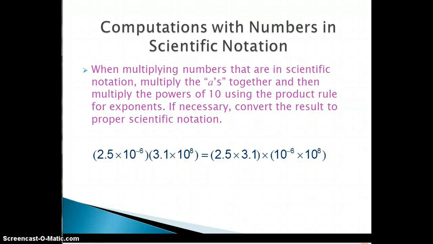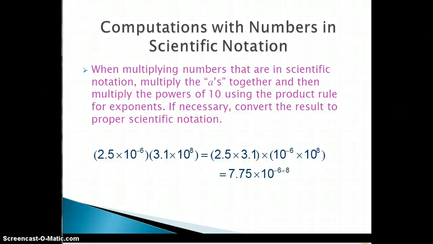So here's an example of two numbers that are in scientific notation, and we want to multiply them. You see that this is all multiplication. So basically what we're doing is we're reordering and regrouping. So we put the a's together, we're going to multiply those together, and then we can put the powers of 10 together so that we can use the rule of exponents.